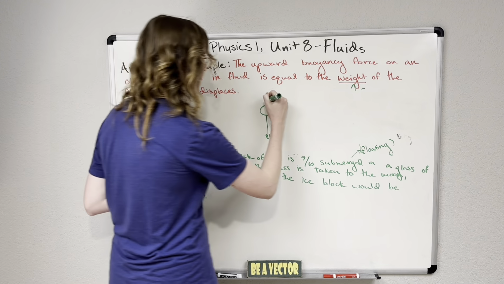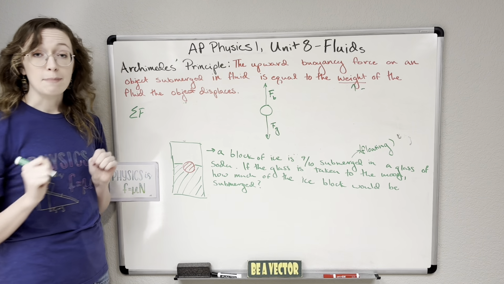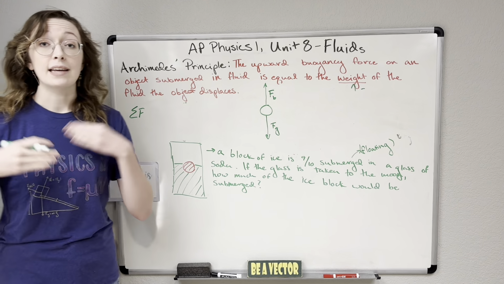Going back to Newton's second law, we know that the net force on our object is equal to its mass times our acceleration. Since our object is at rest, it's at equilibrium, we know the acceleration of our object is 0, so our net force is likewise 0. Anytime you have an object floating, the net force in the y direction is always going to be 0. So here we have that the net force on our object is equal to 0.